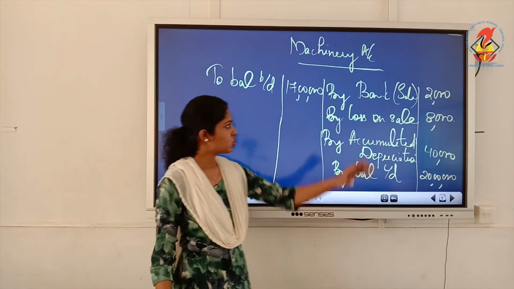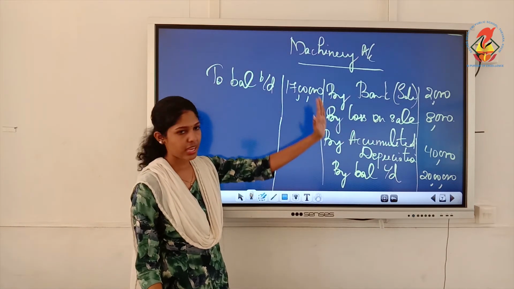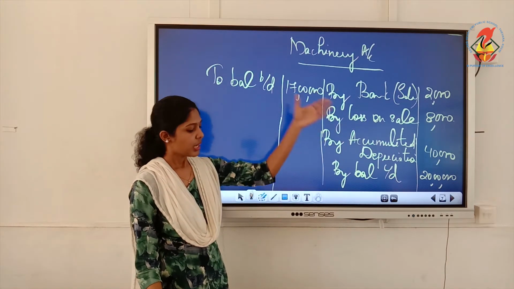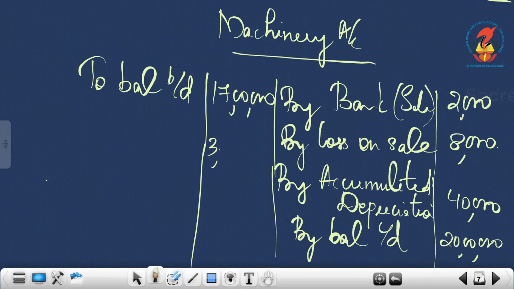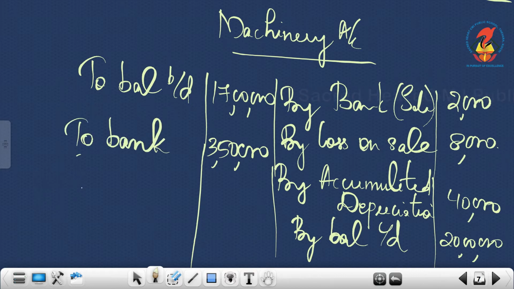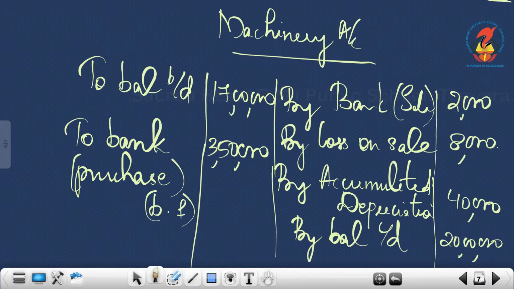Then, we started with the opening, then we have to write all these on the credit side. Now you should find the balancing figure. So the balancing figure here is 3,50,000, which we will write as to bank purchase, and this is the balancing figure.